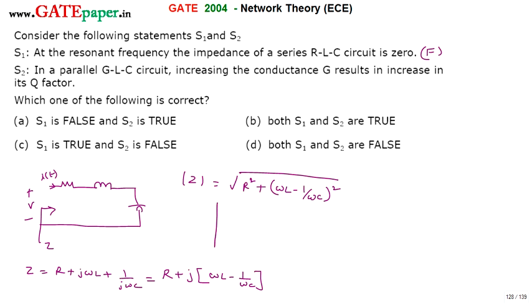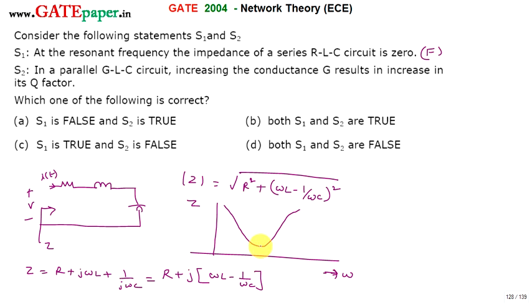The curve for this looks like this: impedance versus frequency. As ω increases from 0, when ω = 0, 1/ω becomes infinite, so impedance is very large. When ω is infinite, ωL becomes very large, so that will be infinite.